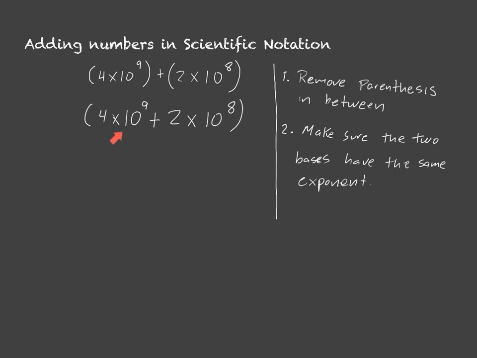So we have the base of 10 right here with an exponent of 9, and then we have 10 to the 8th. We do not have the same exponent, so what we need to do is make sure that we get the right exponent.